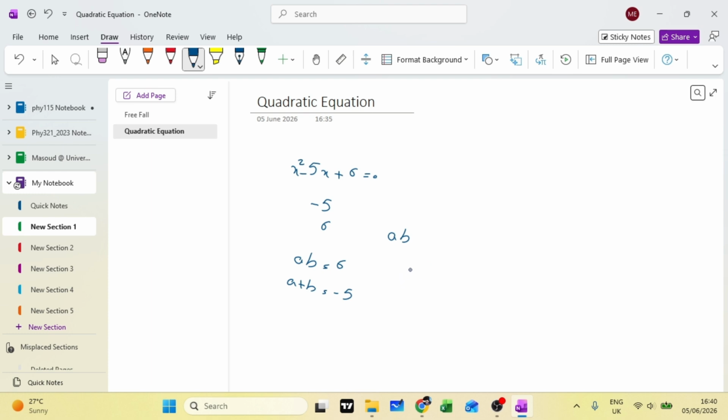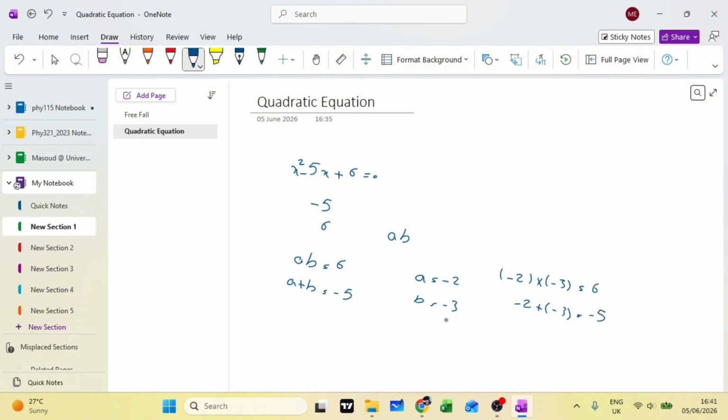For this example, a would be minus 2 and b would be minus 3. If you multiply them, minus 2 times minus 3 becomes 6, and when you add them together, minus 2 plus minus 3 becomes minus 5.